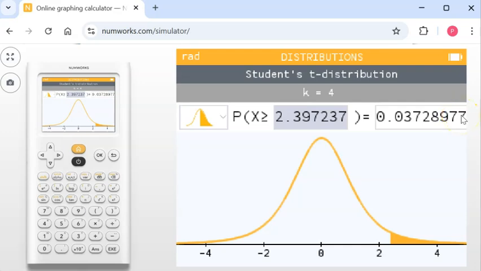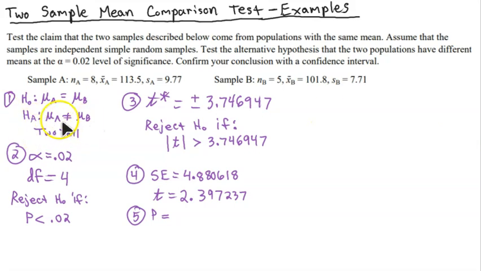I'm going to multiply it by 2, and it gives me 0.07457954. Remember, the reason we're doing this is because it's a two-tail test. With a two-tail test, we have to double the p-value. So we have 0.0745, and 8 is the 80, so let's just put an 8.